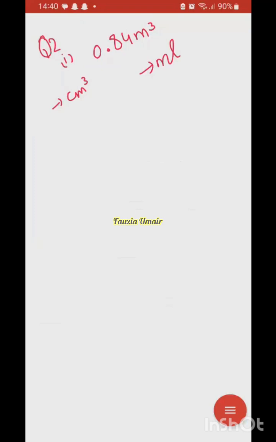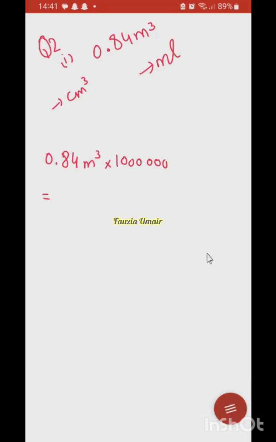So how to convert into centimeter cube? 0.84 meter cube. If we are going to a smaller unit, we need to do what? Ma'am, multiply with 1 million, right? Actually, now we are multiplying with 1 million, 6 zeros.